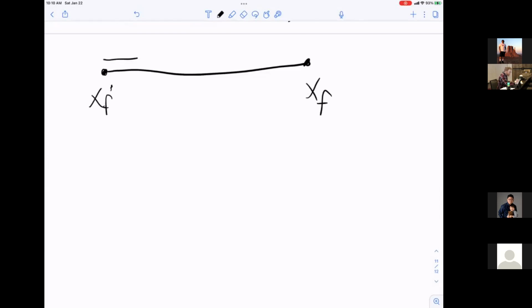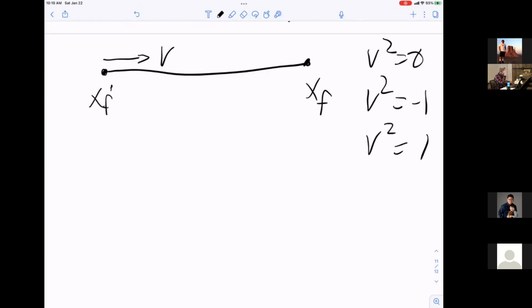And the reason why that's nice is because they're completely specified by some Lorentz vector v, which just tells me how to go from x_i to x_f. That's just the Lorentz vector that points from x_i to x_f. Depending on what v is, I could have null lines, space-like lines, or time-like lines, and I could also make these small if I want to.